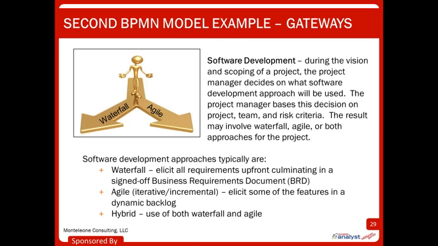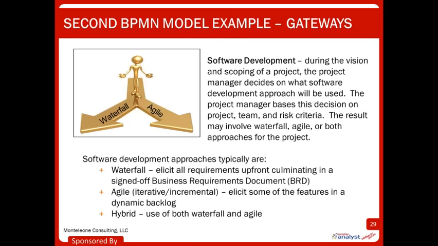Well, if you've done this before, you could say, well, in the past, depending on the project, depending on the requirements, we may use a waterfall approach. And that means that typically you elicit all the requirements up front and you have this signed-off business requirements document. Or you may have decided, per the features of this particular software, that we're going to take an Agile approach, this iterative incremental approach.